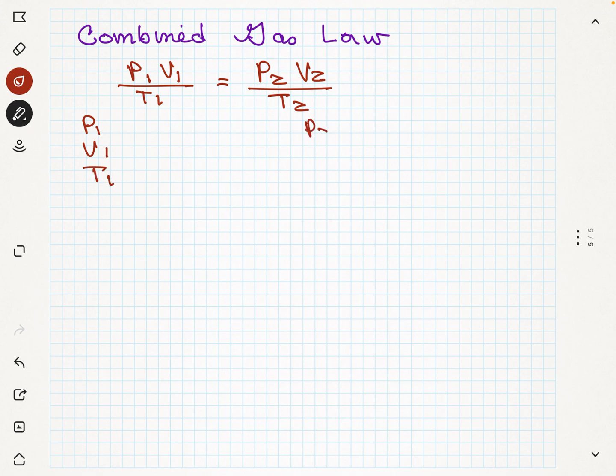And then in the next column, adjacent column, I put these in the same order. And if you do this, you're going to minimize your errors tremendously. As always, remember to convert your Celsius temperature to Kelvin temperature if necessary. You can use any units of volume that you want.